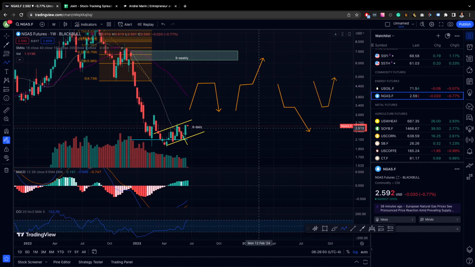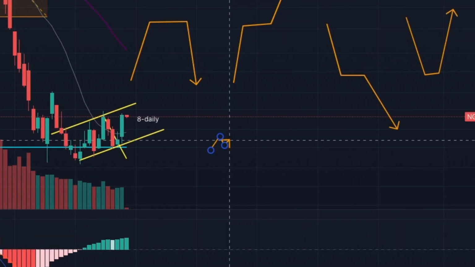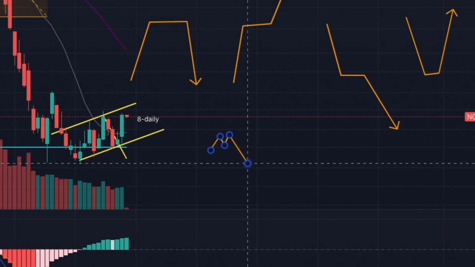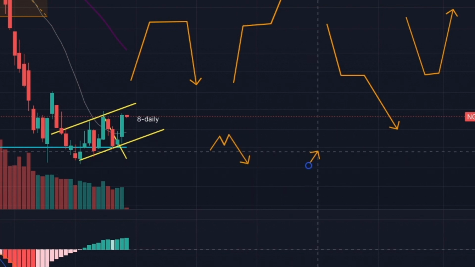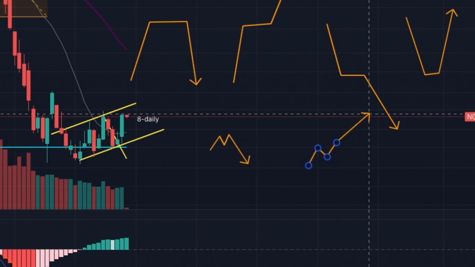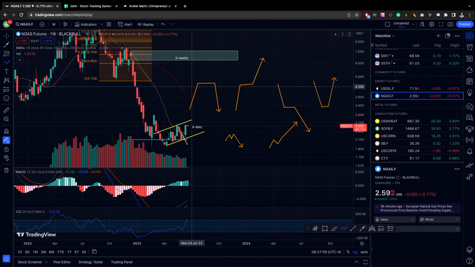What's really important with these basing formations is that we are looking for a couple of candles, 3 maximum. We don't want to have kind of a stair pattern and then we drop, or a stair pattern and then we eventually rally. We want to have, as you guys can see here, a single candle or 2 to 3 at max.